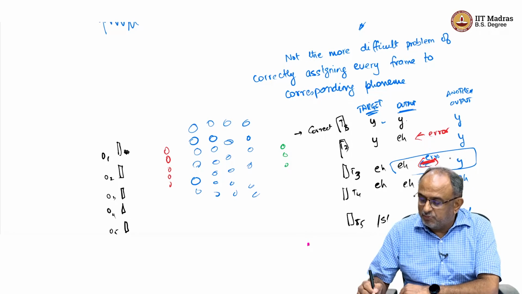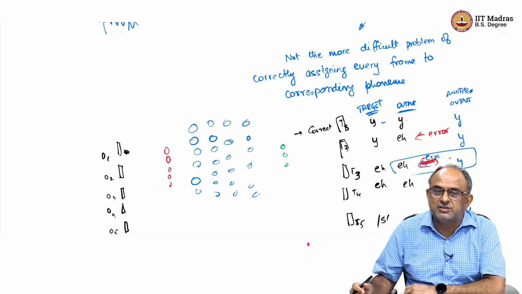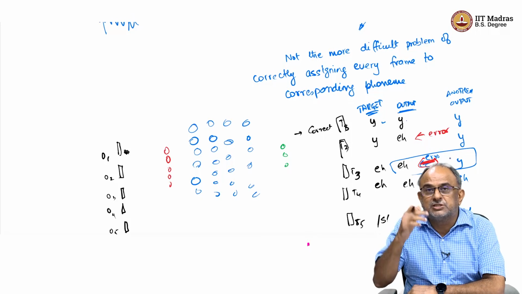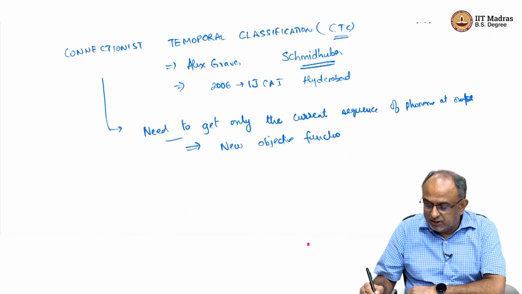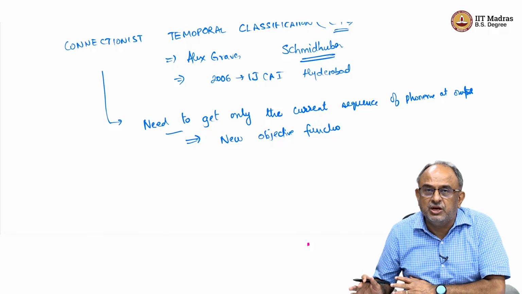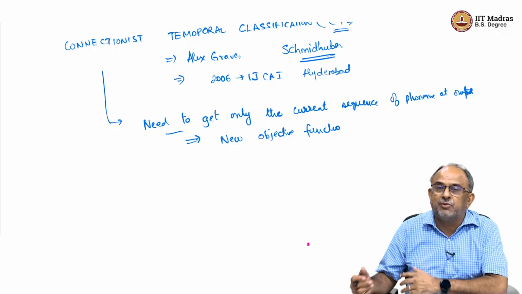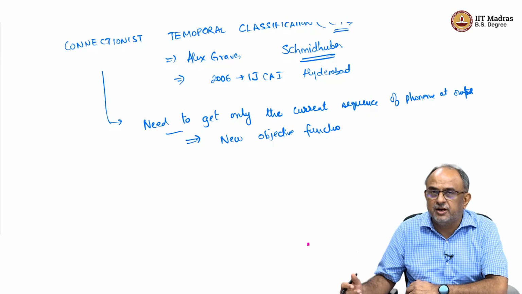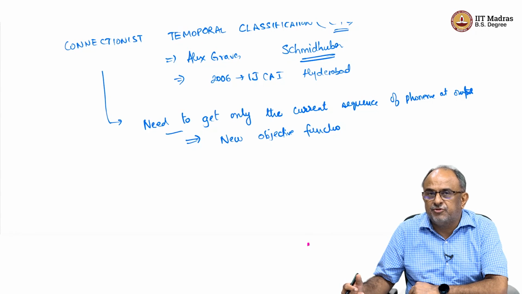But remember, these alignment boundaries are not perfect, right? So we are going to make quite a few errors there, right? So why are we so obsessed about all of these guys? Instead, why not just worry that I need to get the sequence correctly, which is a less stringent condition and easier to meet, and therefore the network will train better and faster, and probably will even give better performance, right? So that is the whole idea of CTC.